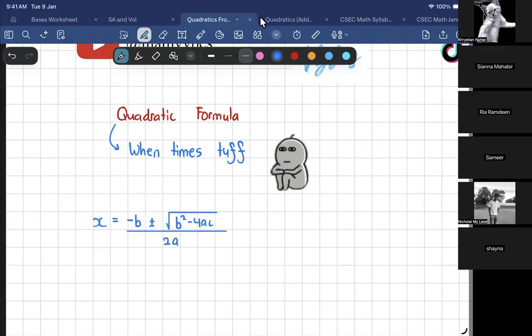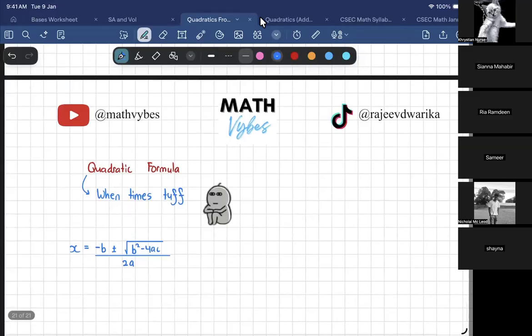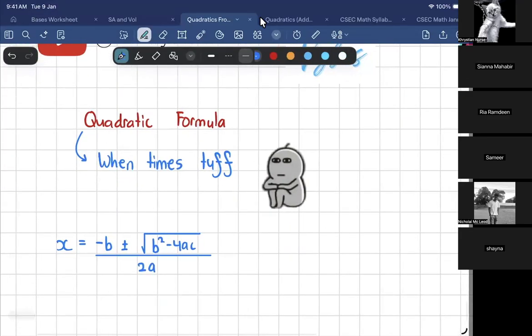We're going to use the quadratic formula. By the way, you use this when times are tough. And what do I mean by that? I mean you can't factorize the quadratic. I mean that you have an unfactorizable quadratic.